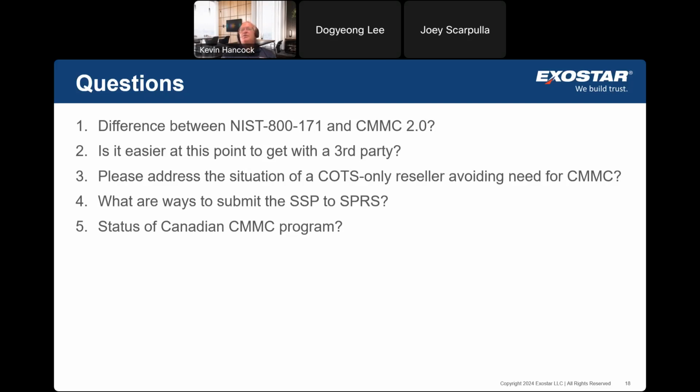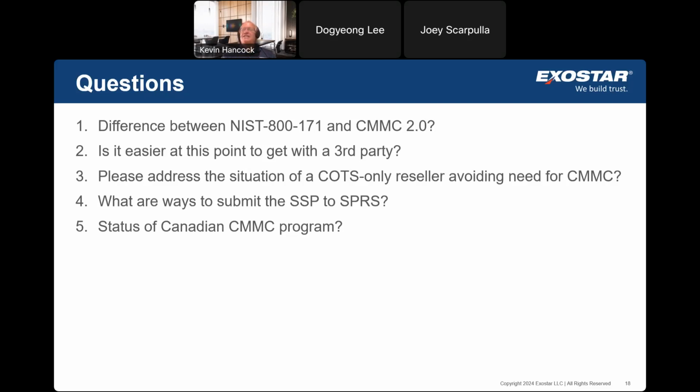And don't confuse CMMC 2.0 with level 2. CMMC 2.0 refers to the revision number of the CMMC program. So CMMC is the overall program. NIST 800-171 is the standard you have to meet if you want to achieve level 2 certification underneath that program.